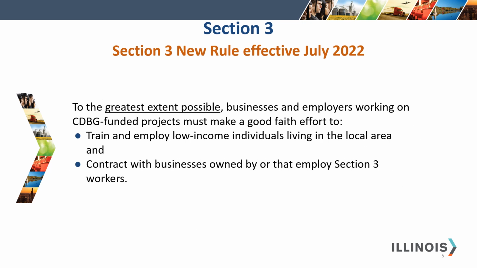Section 3 requires that to the greatest extent possible, businesses and employers working on CDBG-funded projects must make a good faith effort to train and employ low-income individuals living in the local area and contract with businesses owned by or that employ Section 3 workers.